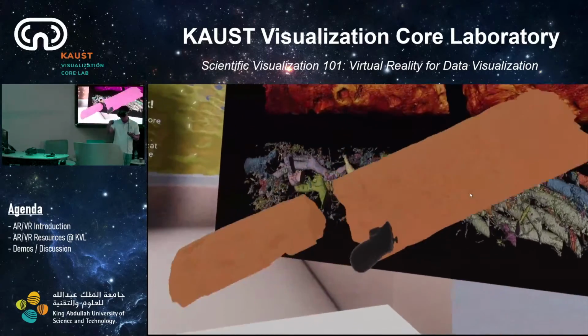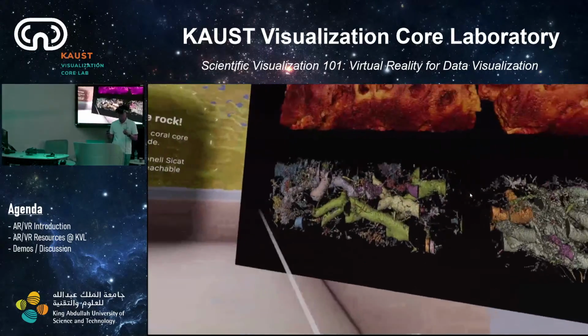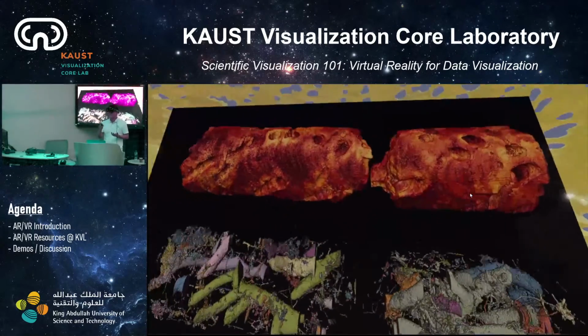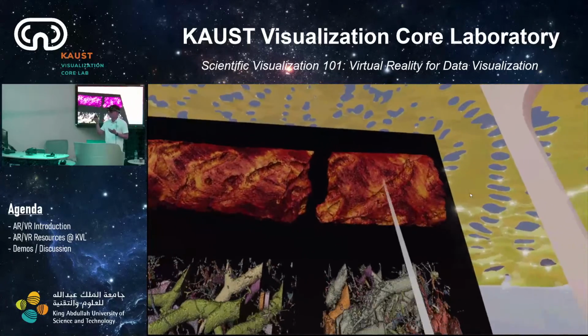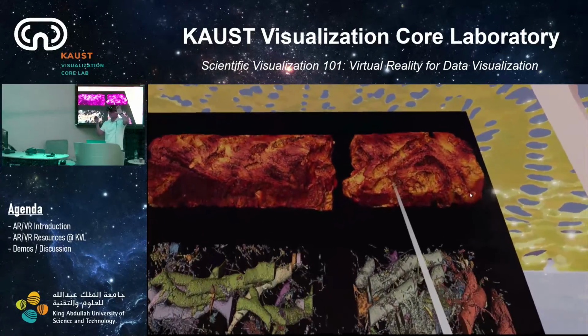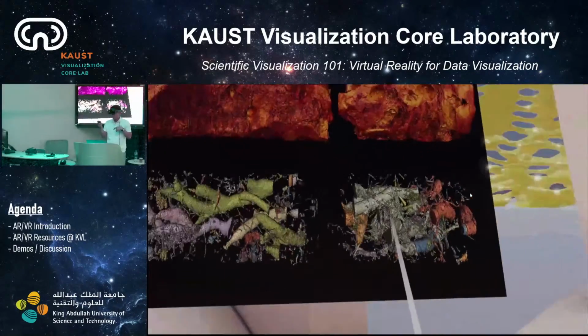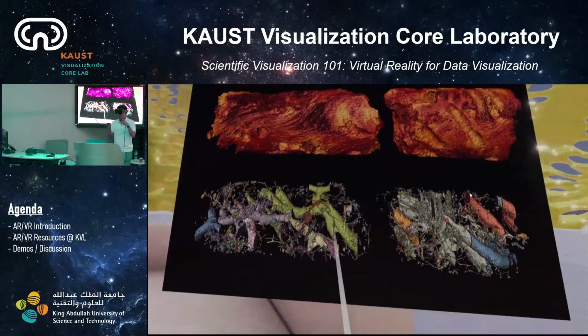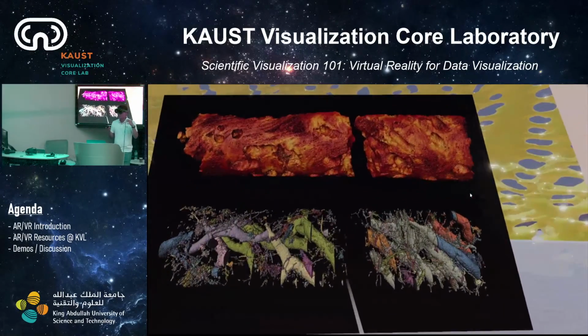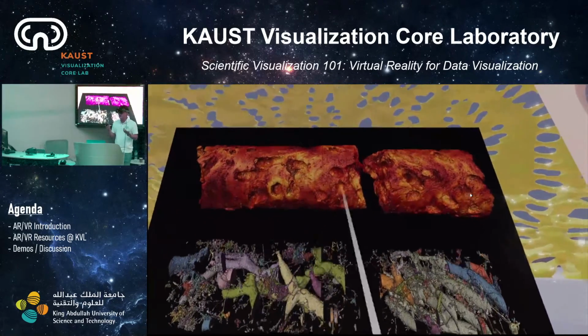And then you have things like this. You have the coral core, again from CT scan, and you see here a video of the core as seen from outside. But on the bottom, we used a VISO to extract the voids. These are essentially the holes inside the rocks.